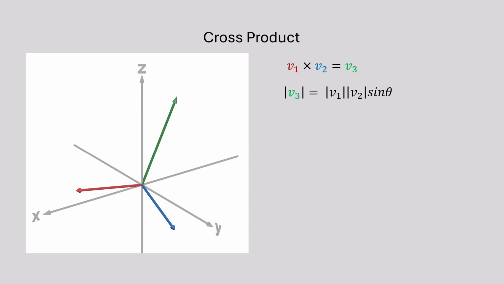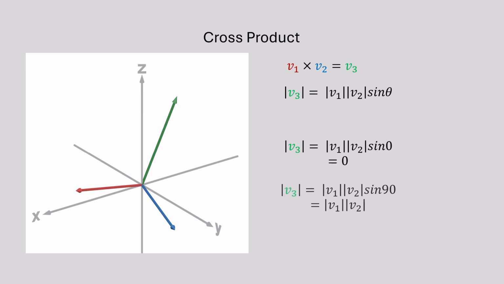The magnitude of that vector is equal to the multiplication of the magnitudes of the vectors and the sine of the angle between them. When the angle between the vectors is 0, sine of 0 is 0, so the cross product is also 0. When the angle is 90 degrees, the cross product will be the greatest.